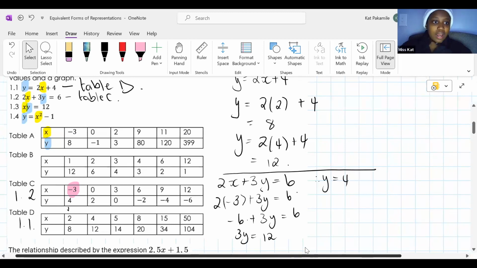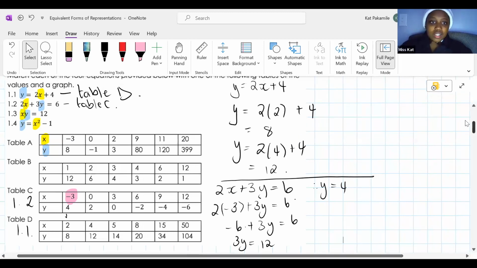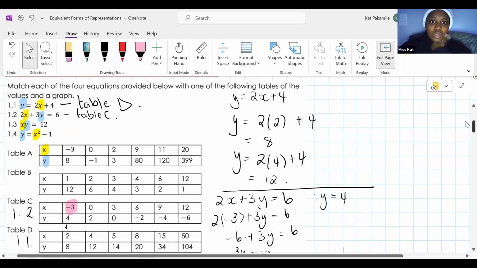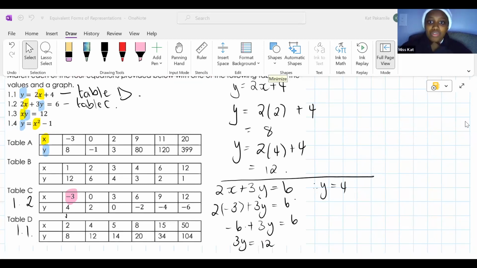Has anyone matched it? Does anyone want to substitute with me so we can match tables A and B as well as 1.3 and 1.4? We are substituting to match the equations and the tables.